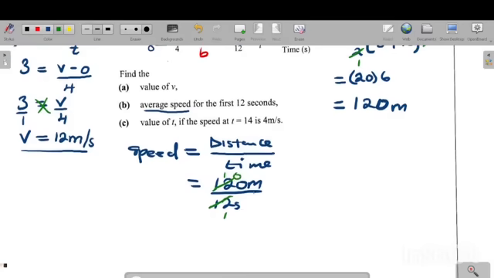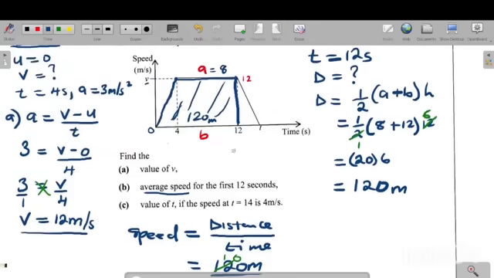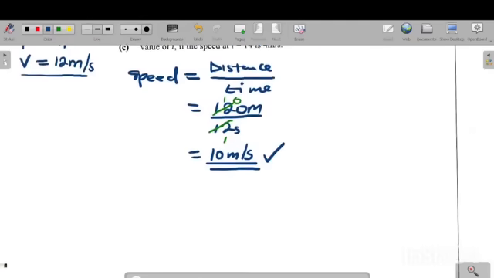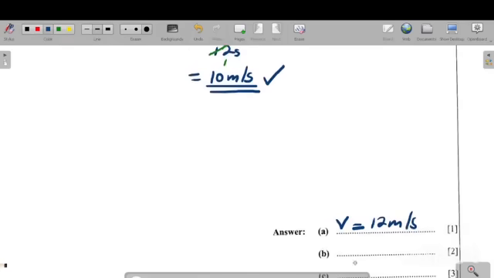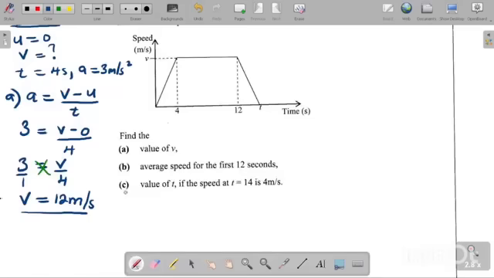So meaning then you have meters divided by seconds, which is meters per second. So you have 10 meters per second. So this is the speed at which this car traveled in the first 12 seconds. So the speed is 10 meters per second.